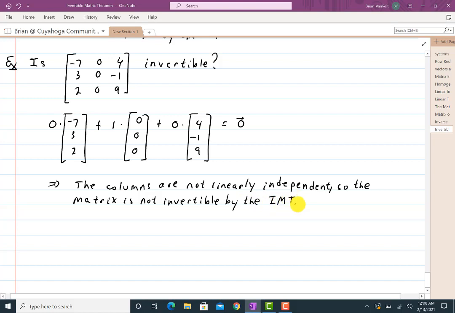And you might have recalled earlier in the semester there was a statement that said any set of vectors that included the 0 vector was automatically not linearly independent, and that's because you could do this kind of stuff. You could zero out the non-zero vectors and then put your one and only one non-zero scalar attached to the 0 vector, and you end up getting a linear combination that adds up to 0.